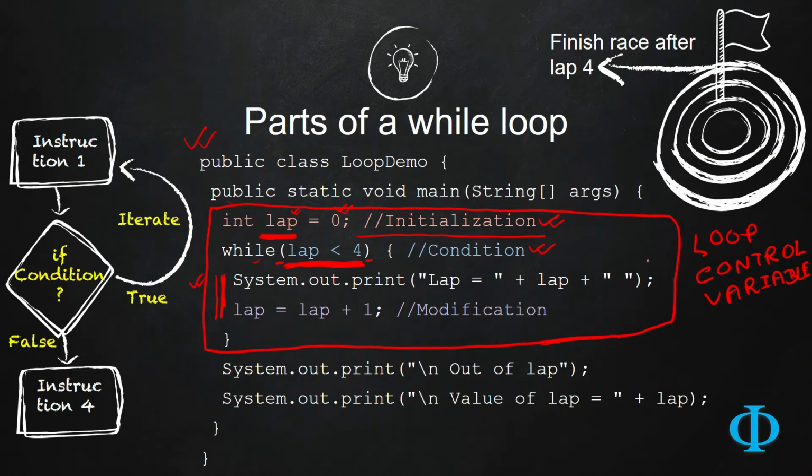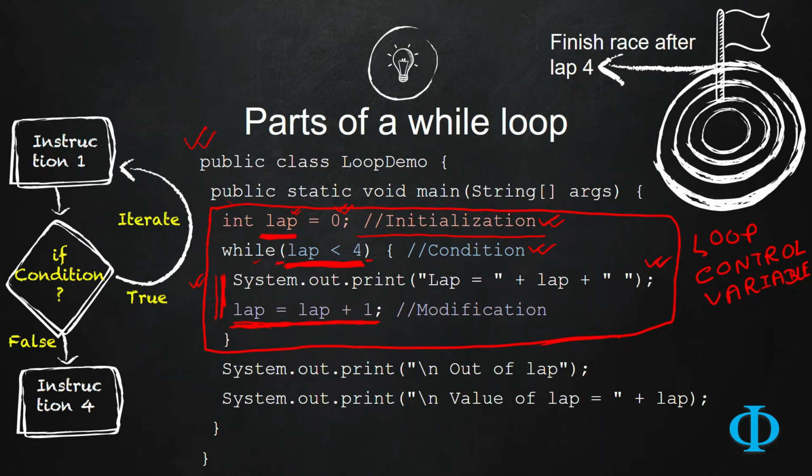Now there is a loop body. You can implement your own logic inside the loop. Here I just printed one single line, but it can be anything. Now the third part is the modification part. That is how you modify the value of your loop control variable at the end of each iteration.